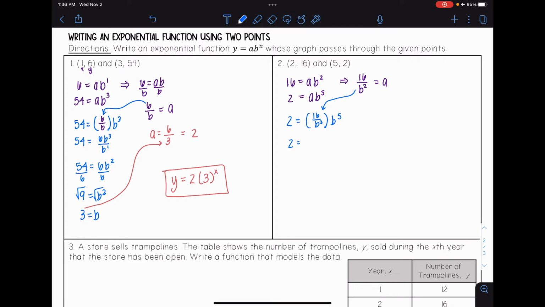When I multiply those, I get 16b to the 5th divided by b squared. Well, b to the 5th divided by b squared, I subtract those exponents and I get 5 minus 2, which is 3. Oops, sorry, that should be a b cubed.